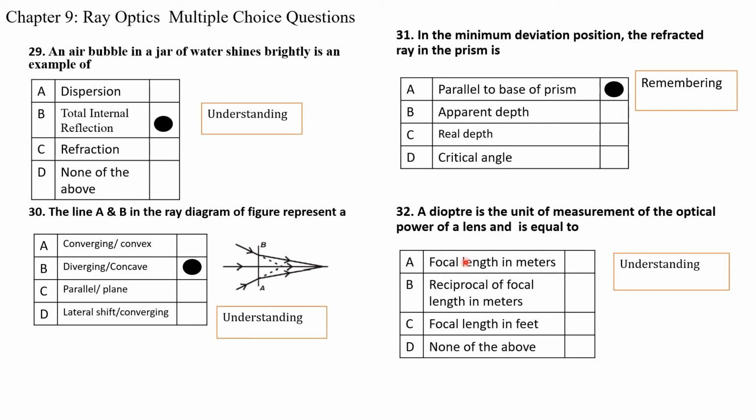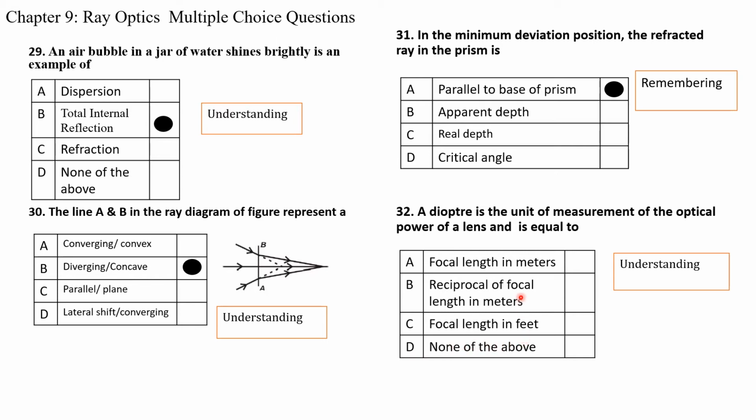Question number 32. A diopter is the unit of measurement of optical power of a lens and is equal to. So we should know what a diopter is. There are four options. Option A is focal length in meters. Option B is reciprocal of focal length. Option C is focal length in feet. And option D is none of the above.